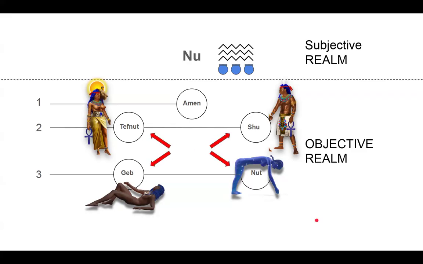So here we have the 4 quadrants, the 4 temperaments. It's the objective realm. This is the 4 Neteru of Amen. Fedu Neteru em Amen.